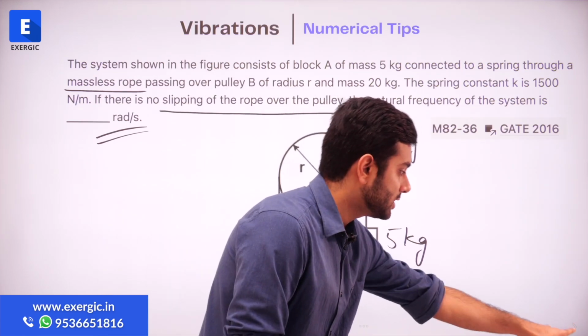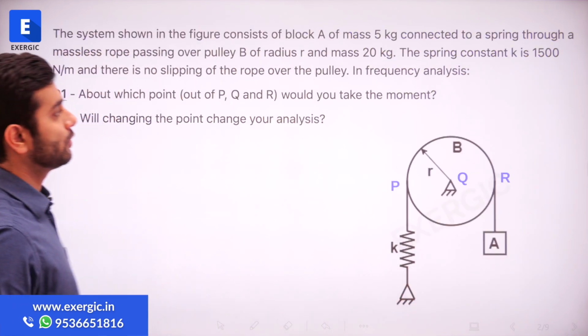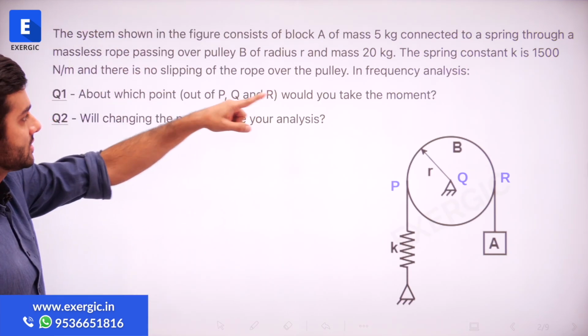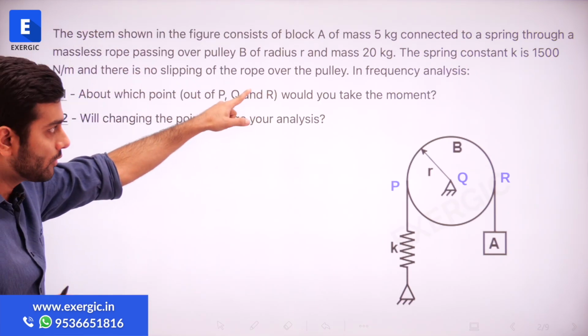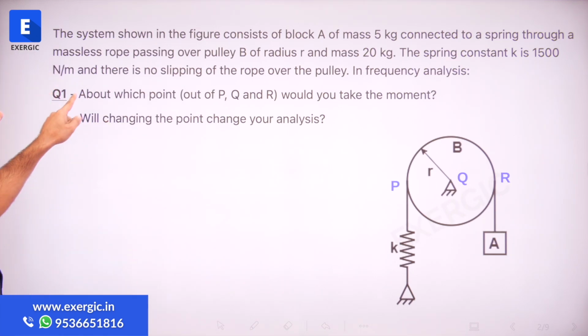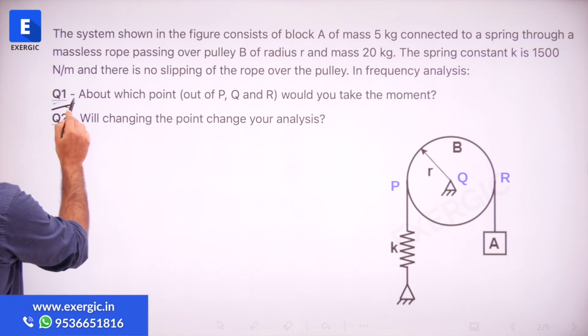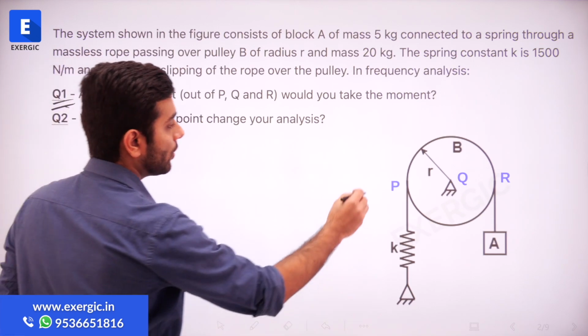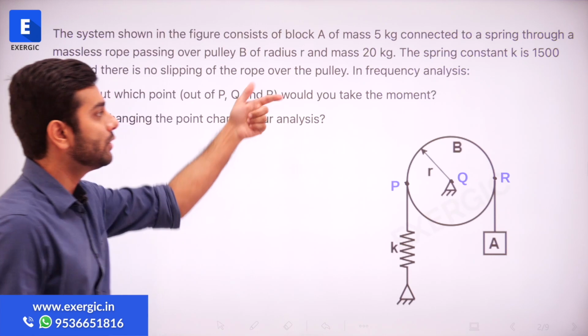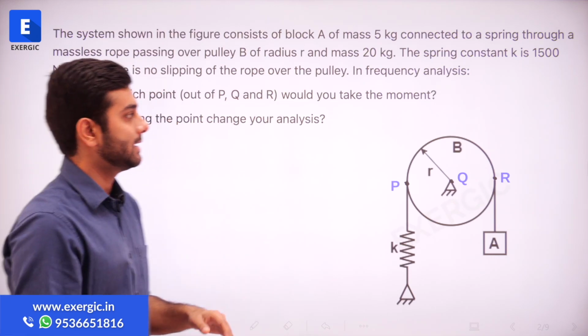So let me come to the question that I want to ask. Keeping everything the same, the spring constant is this much and there is no slipping of the rope over the pulley. Now my question is, in frequency analysis, question number 1: about which point out of P, Q and R would you take the moment when you analyze it?